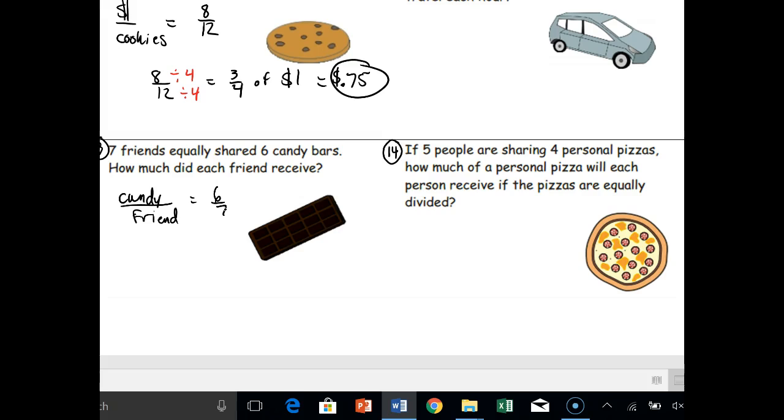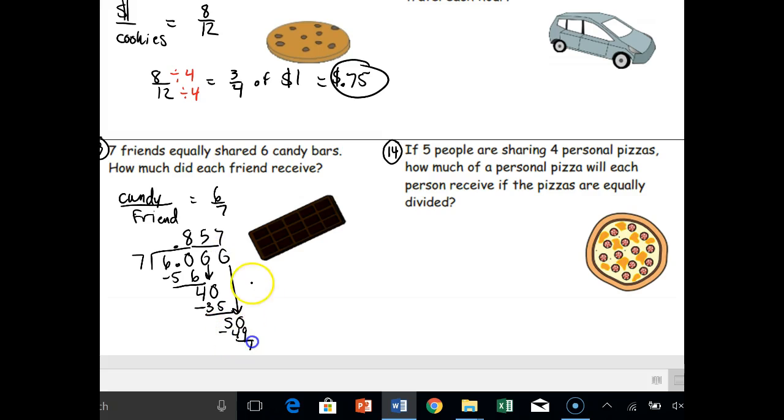And now if we wanted to divide that out, we could do some long division. 7 into 6, decimal, 0. The 7 goes into 60 8 times, that's 56. 4 left over, bring down another 0. 7 goes into 40 5 times, it's 35. 5, bring down another 0. 7 goes into 50, 7 times.